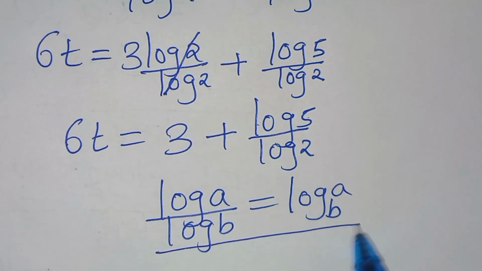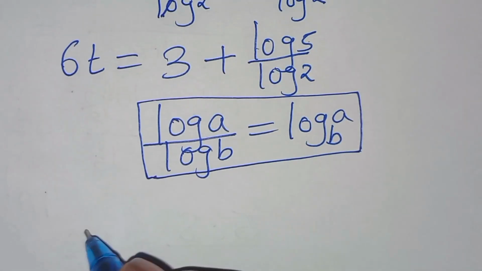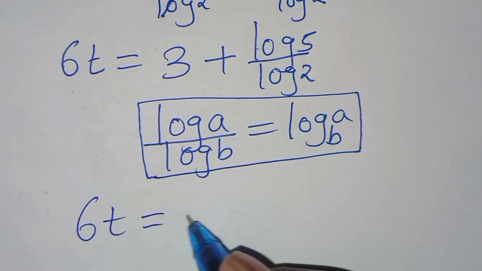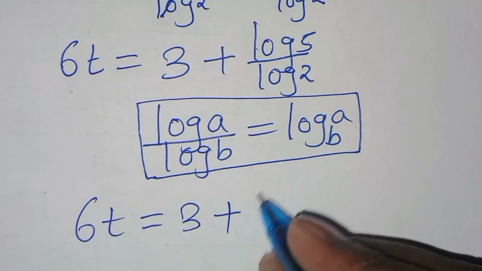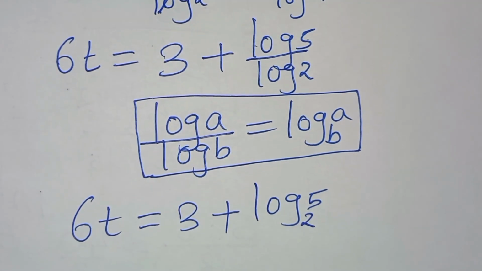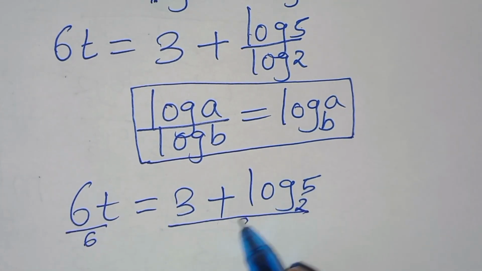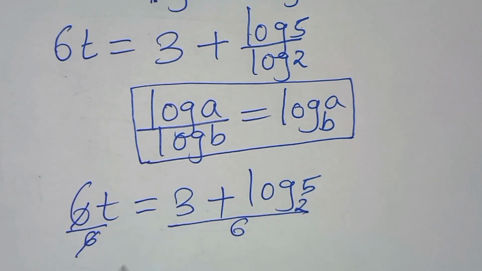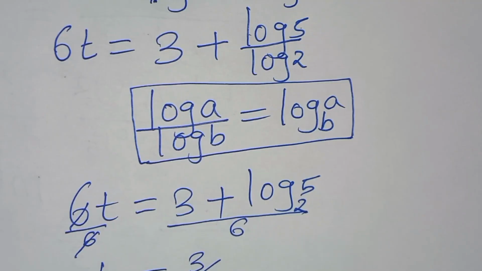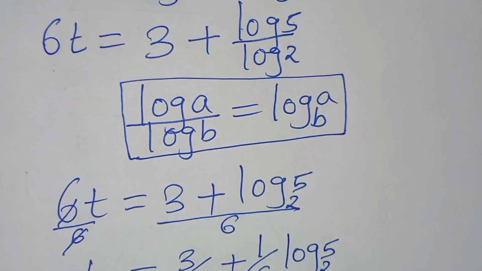So applying this logarithm property, now we have 60 equal to 3 plus log 5 to base 2. So let's divide both sides by 6. So that now the value of t will be equal to 3 over 6 plus 1 over 6 log 5 to base 2.